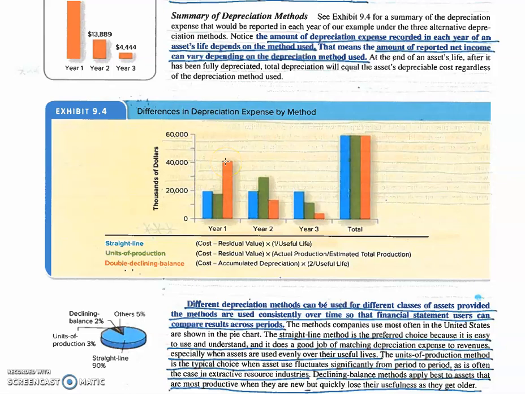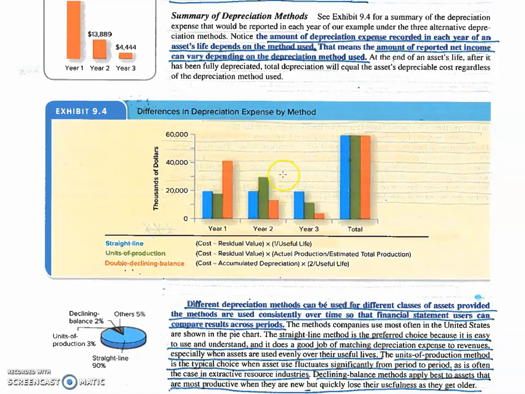Now, one benefit of the accelerated methods is, if we stop and think about it, depreciation is going like this. Well, what happens to maintenance cost? Well, early years it's very little, and later years it gets to be more, so it's going like that. So total cost of operating the equipment or the asset under the declining balance method may be relatively stable, in that when depreciation's higher, maintenance costs are lower.